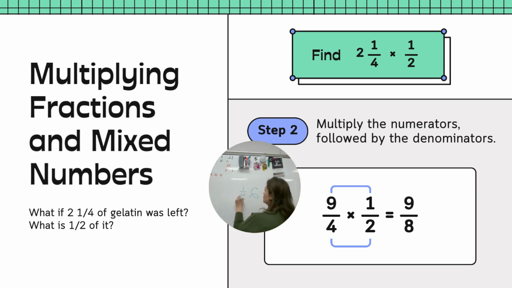I can say that 2 times 4 is 8 plus 1 is 9/4. And I know that's right because these numbers are easy, right? But just bear with me in case they weren't small numbers, just in case maybe we were forgetting what we were doing. What does that 2 mean? That means you have 2 wholes. So 2 is 1 plus 1.